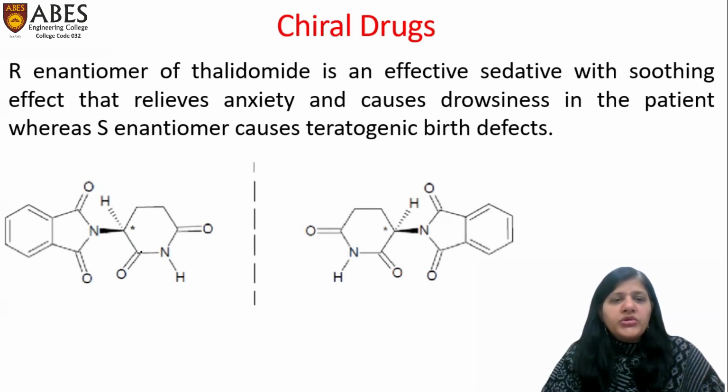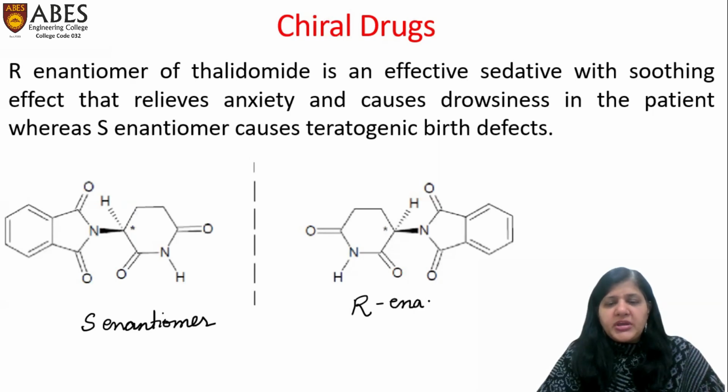Thalidomide exists in two enantiomeric forms. This is the S enantiomer of thalidomide, and this is the R enantiomer of thalidomide. Thalidomide is used as a sedative. It is a very effective sedative with a soothing effect that relieves anxiety and causes drowsiness in the patient. So it is used for its soothing effect to treat patients, whereas the S enantiomer is not a drug.